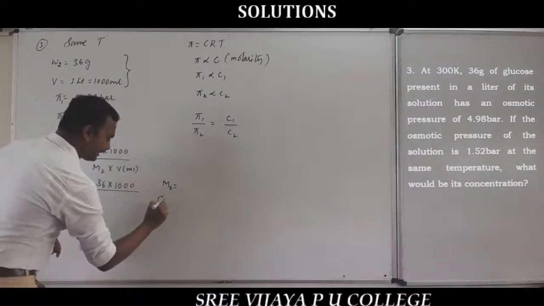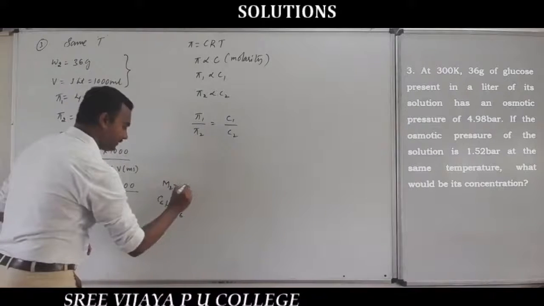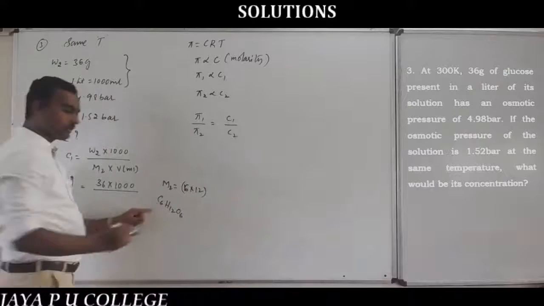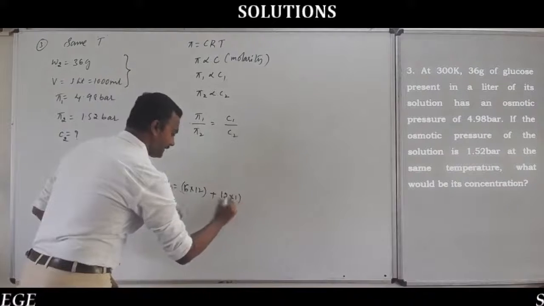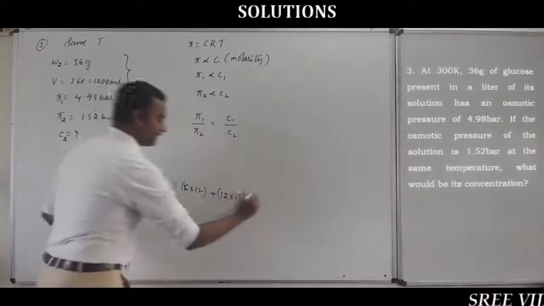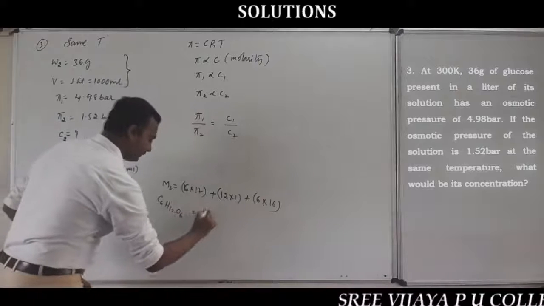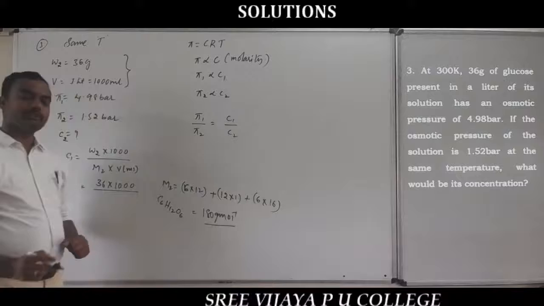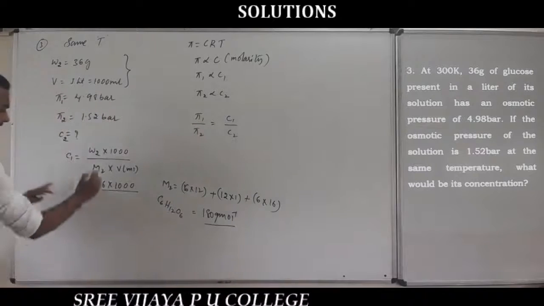The glucose formula is C6H12O6. So 6 carbon atoms into atomic mass of carbon, plus 12 into atomic mass of hydrogen, that is 1, plus 6 oxygen into atomic mass 16. Multiply all of it and you will get 180 gram per mole as the molar mass of glucose, the solute here.